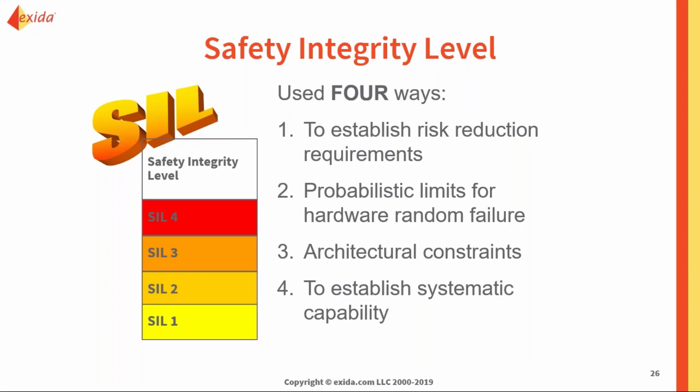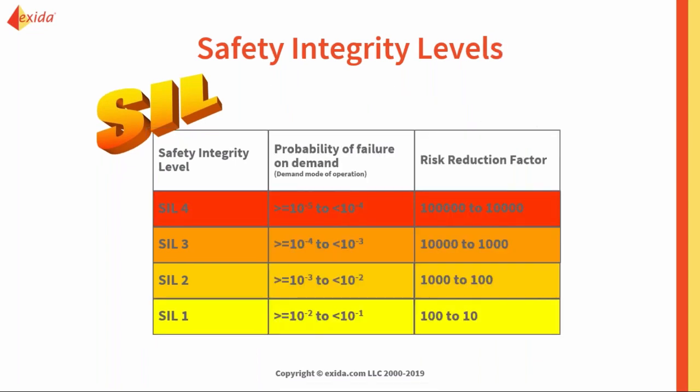So those are the four main ways that end users use these pieces of information, or these three barriers that you're going to give them or present through your certificate. And as I said, they correspond to the tables in IEC 61508, or 61511 as well.